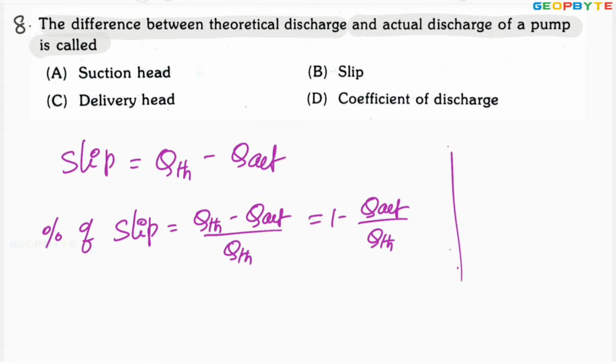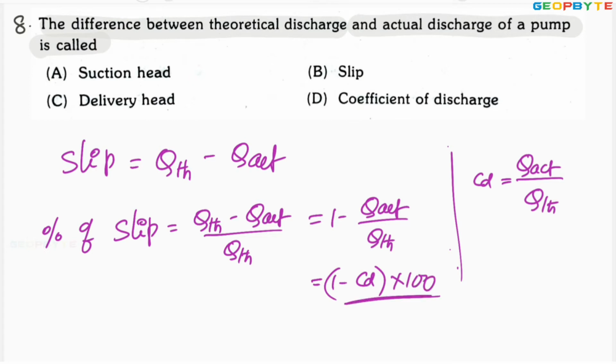Remember, the ratio between the actual discharge and theoretical discharge is called coefficient of discharge, denoted by CD. It is equal to 1 minus coefficient of discharge into 100. This is the formula to decide the percentage of the slip.